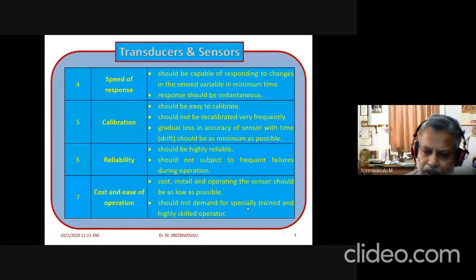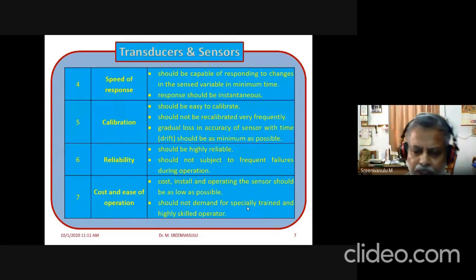And moreover, we feel that the accuracy of sensing is going to be reduced in its usage. So the accuracy of that particular sensor is going to go on reducing with respect to time, and that reduction should be as minimum as possible.